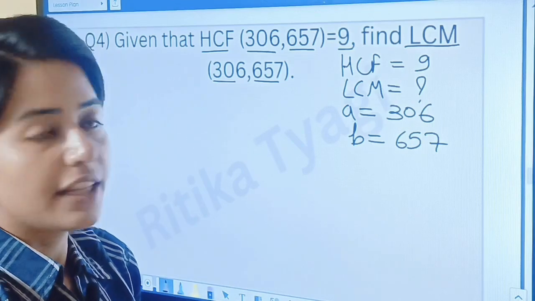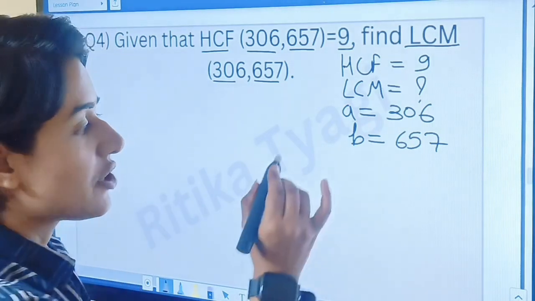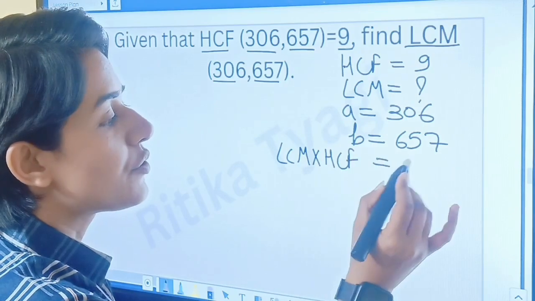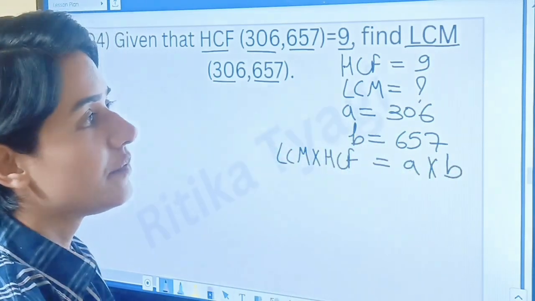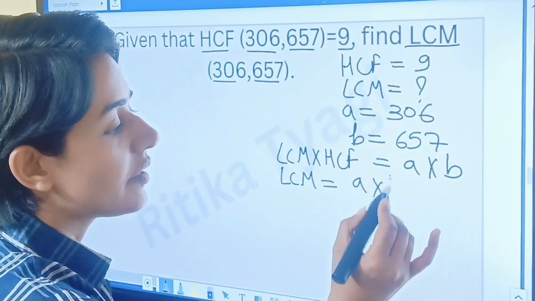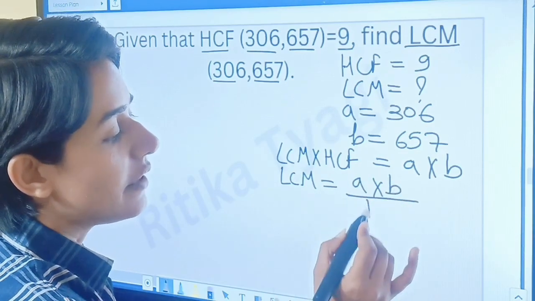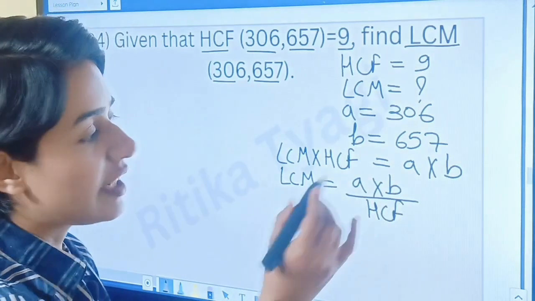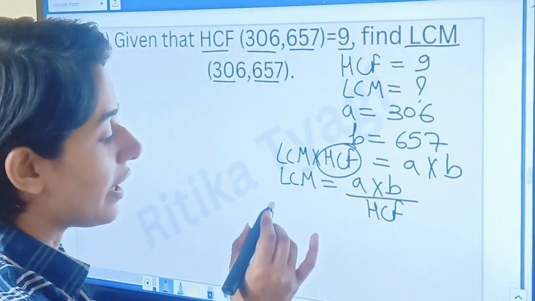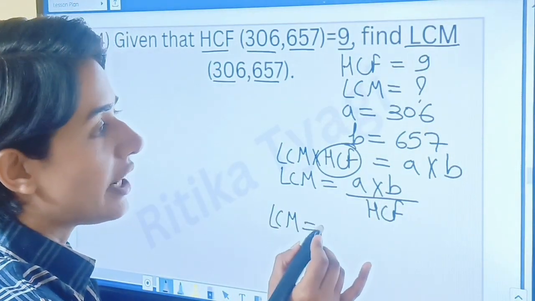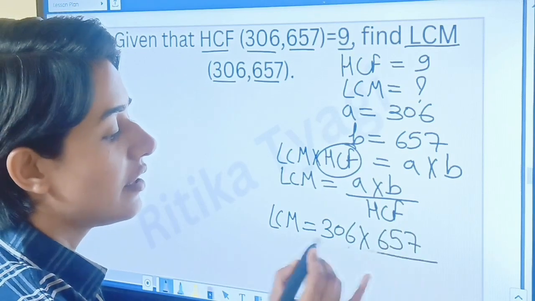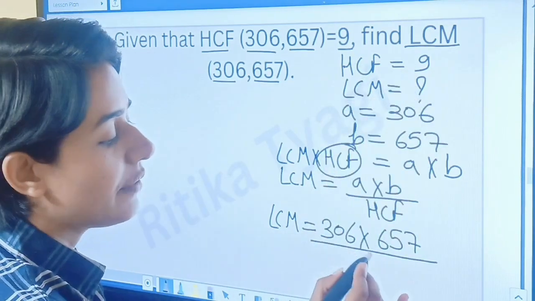So we have to apply the formula which we use for verification, that is LCM multiply HCF is equal to the product of both the numbers. We have to find the LCM. So here A product B divided by HCF. Putting the value for A, that is 306, B value 657, divided by HCF, that is 9.